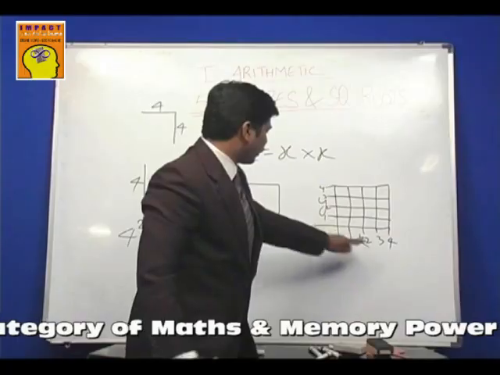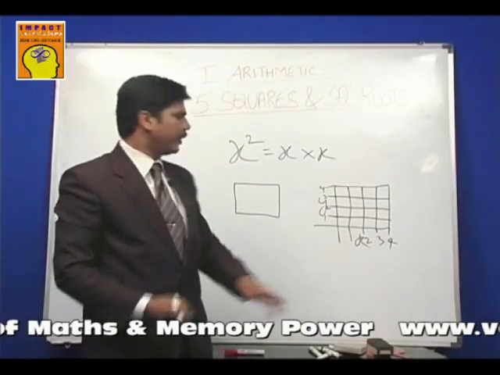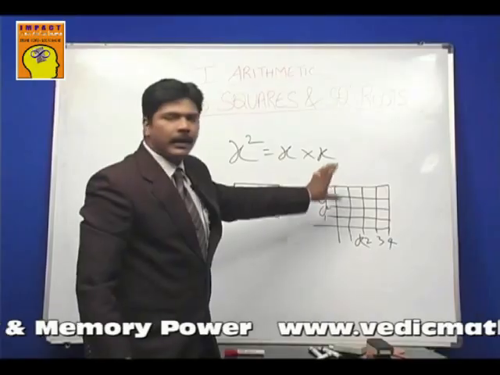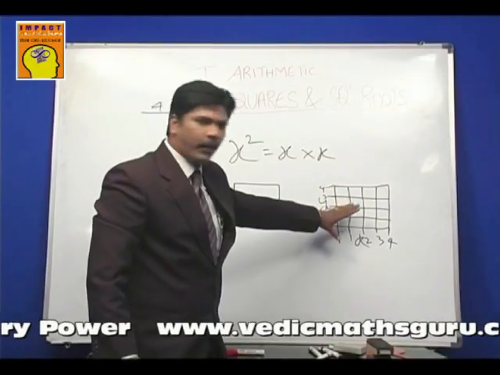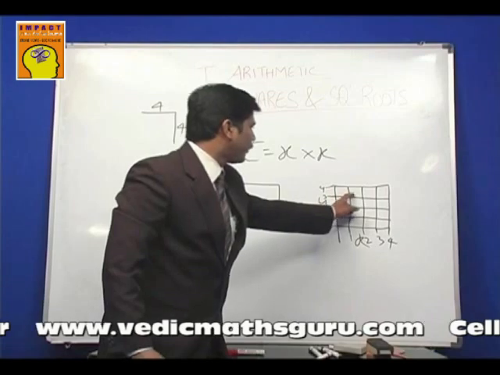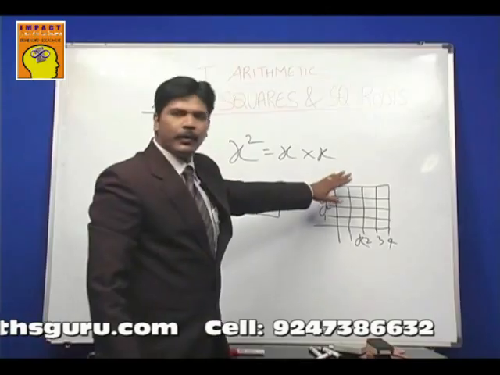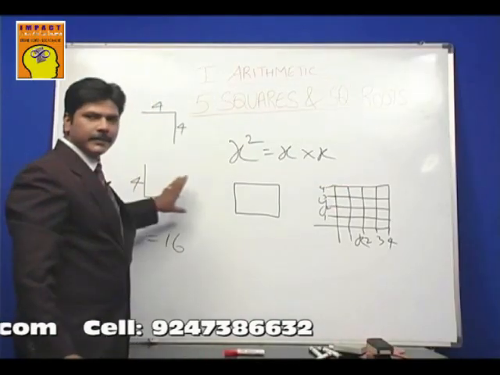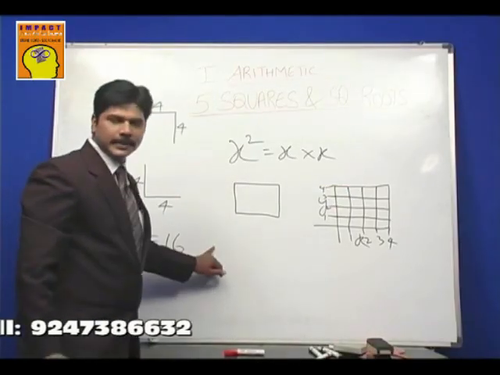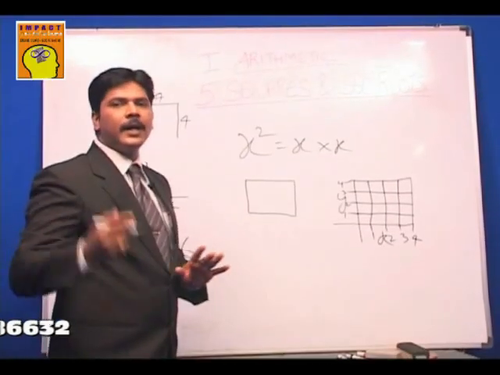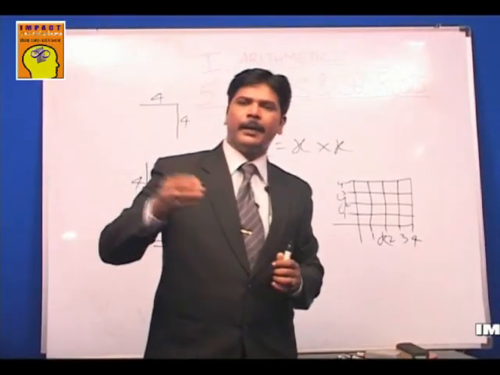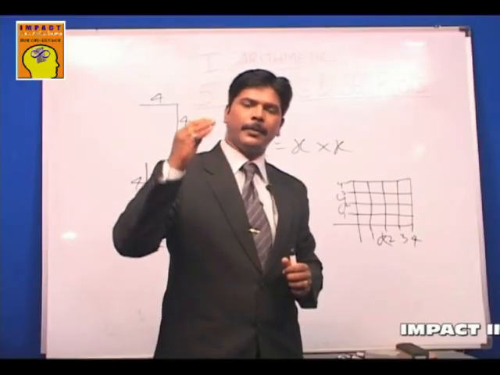Now, count how many boxes there are inside this square. There are exactly 16 boxes, 16 perfect squares inside this square of 4 units. So 4 square becomes 16. That's why a number multiplied by itself forms a perfect square.